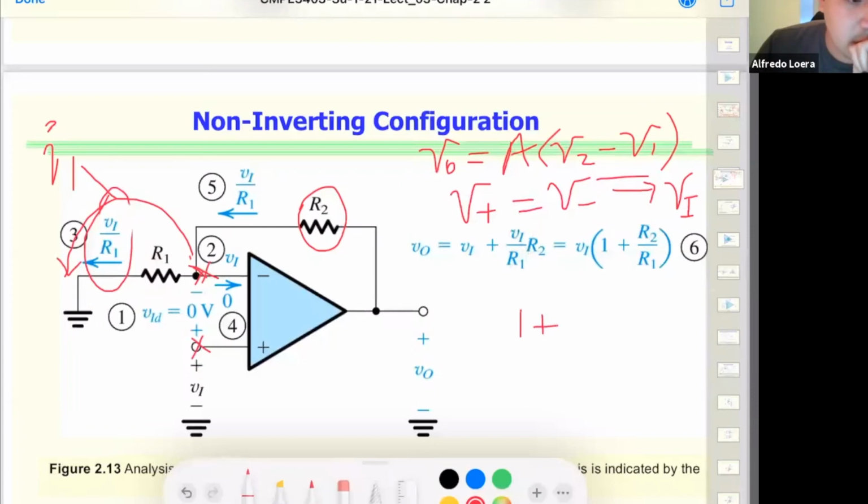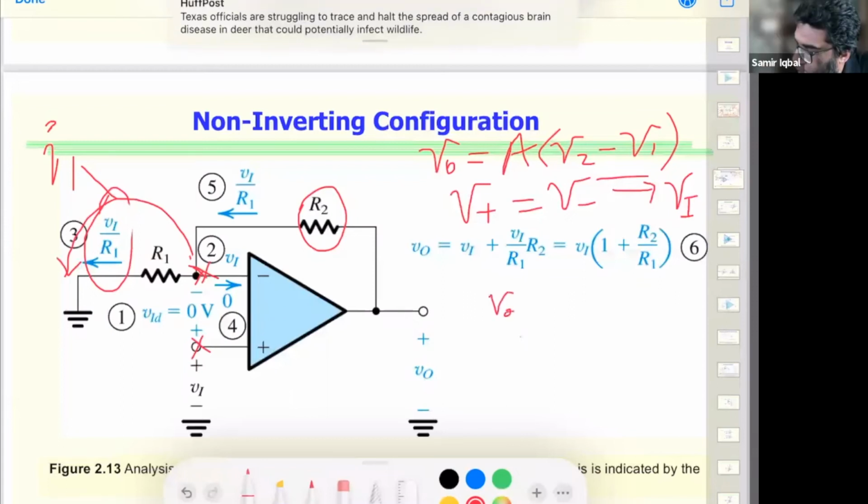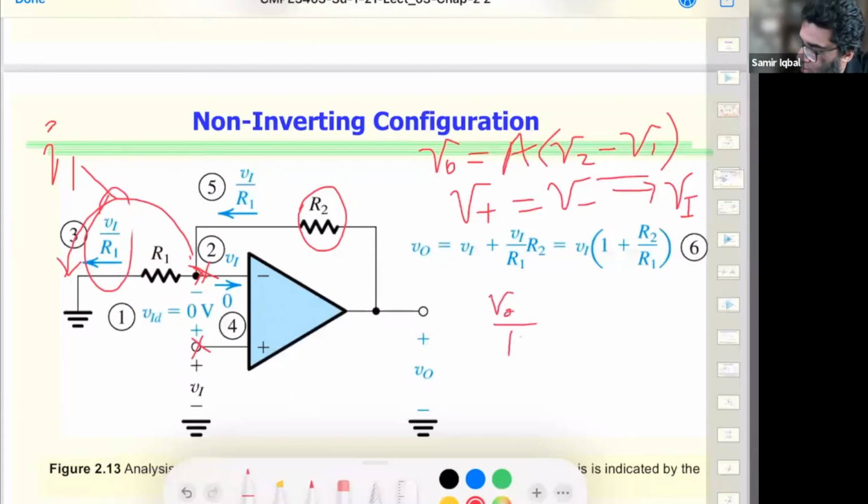No, we don't have RF here. What's a simple equation for gain? Vout over Vin, right? And we see that now here. So what should be the gain of this circuit now? 1 plus R2 over R1.